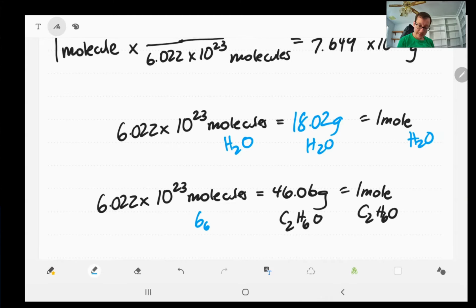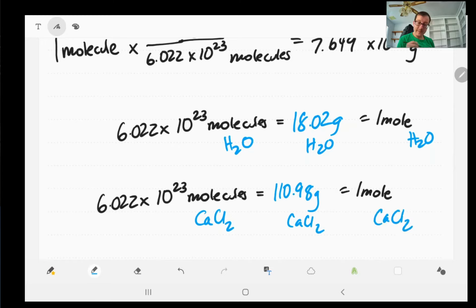If we have glucose, or calcium chloride, the one that had about 111 grams, or 110.98 grams. So this kind of equality holds true for anything. Any element, any compound. The only thing you change is the molar mass. And so the rest of the relationships still stay the same. Okay? Hopefully that makes it a little bit easier to get your brain around.